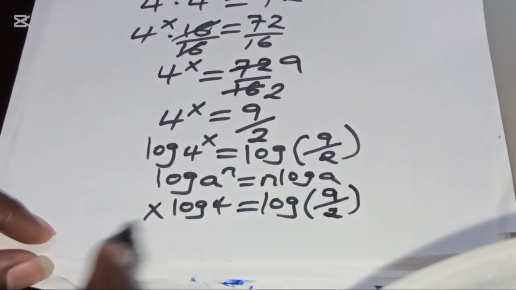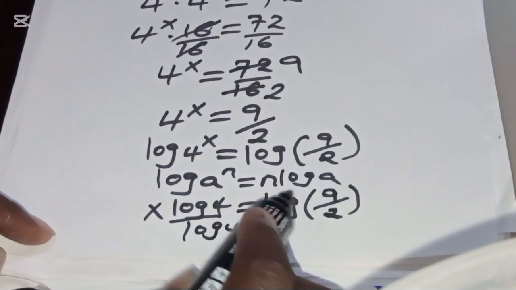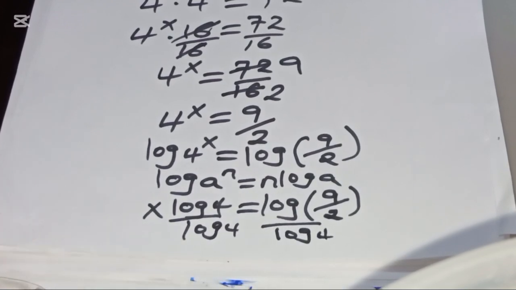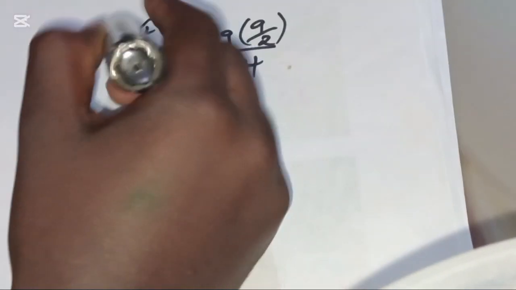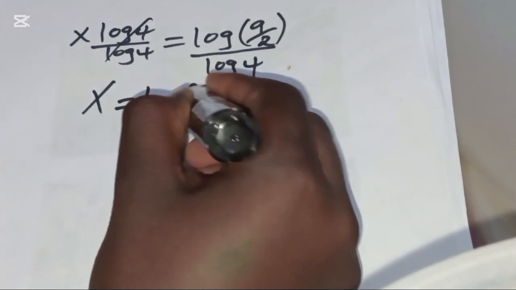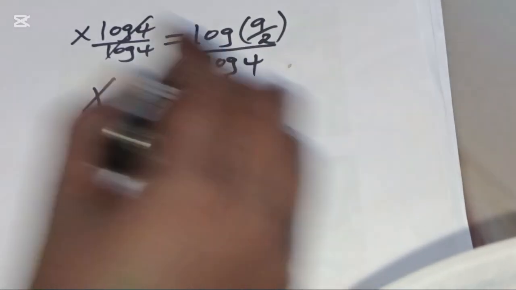So from here, we divide both sides by log 4. Let's simplify here. You'll have x equal to log 9 divided by 2, all divided by log 4.